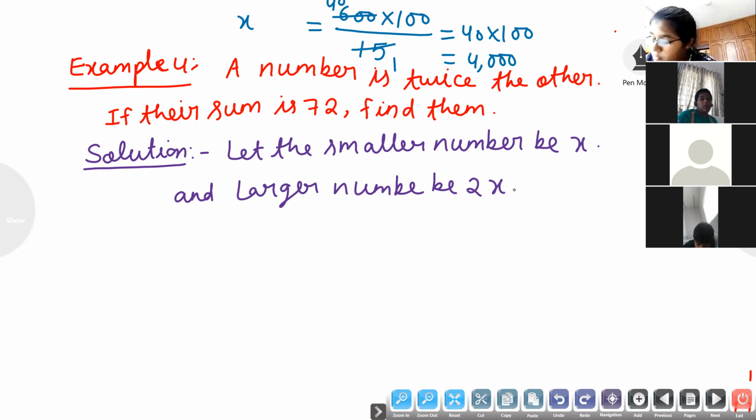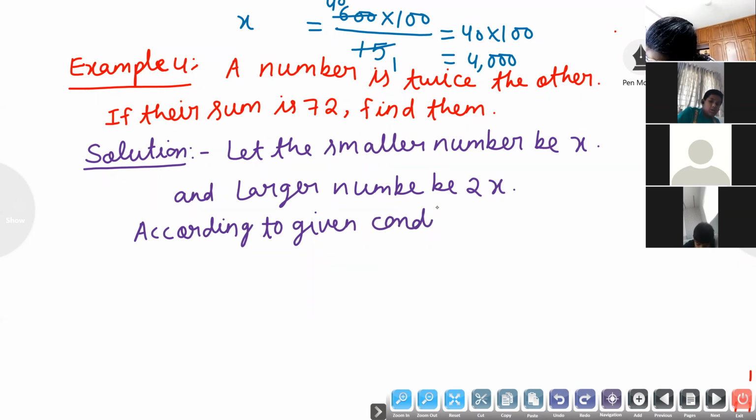According to the given condition, he has given that their sum is 72. Which sum?